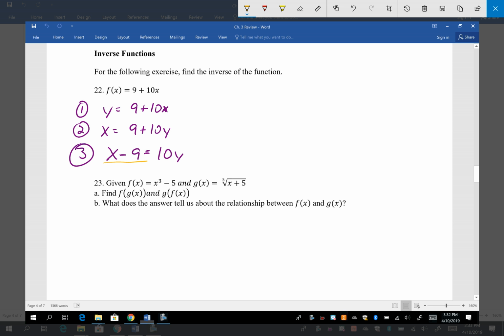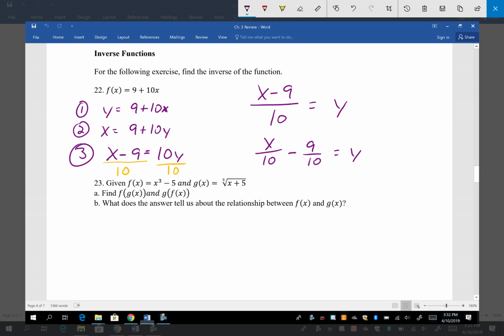Divide by 10. So we have a couple ways to write this. x minus 9 over 10 equals y. That's acceptable? All right, the cool kids would write it as x over 10 minus 9/10. All right, hashtag extra.